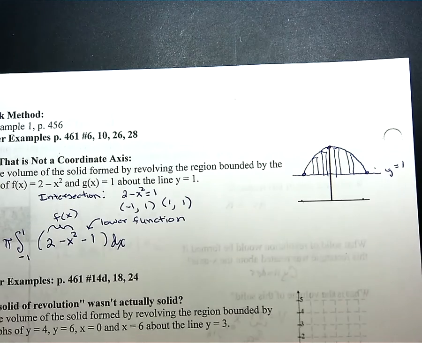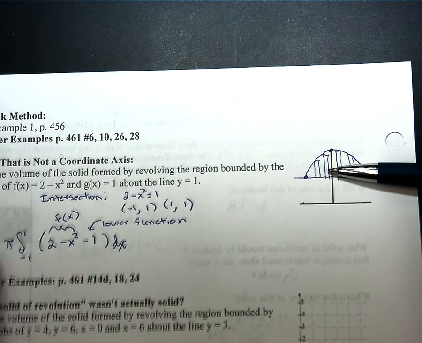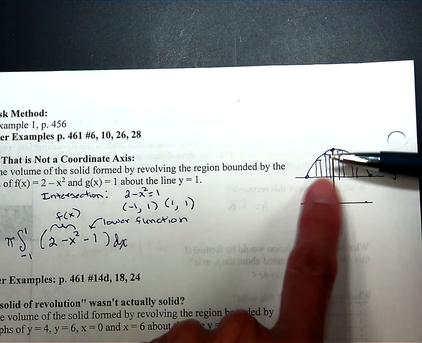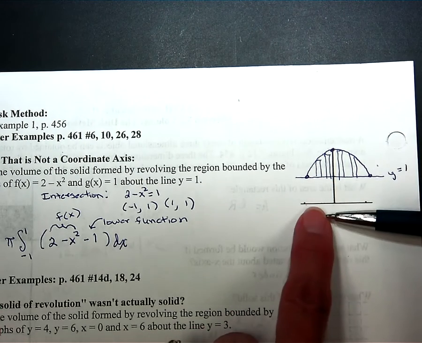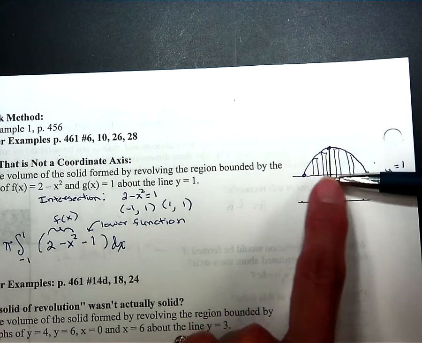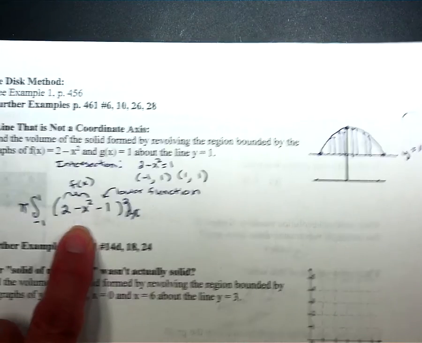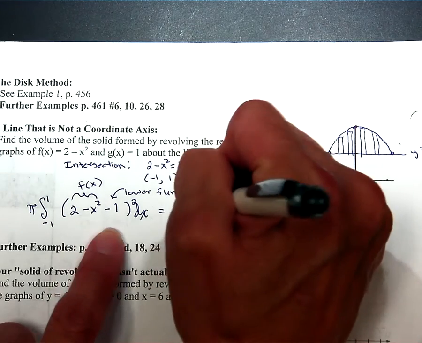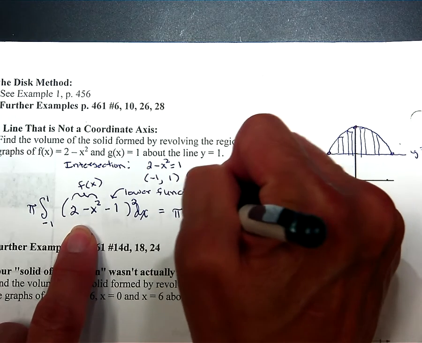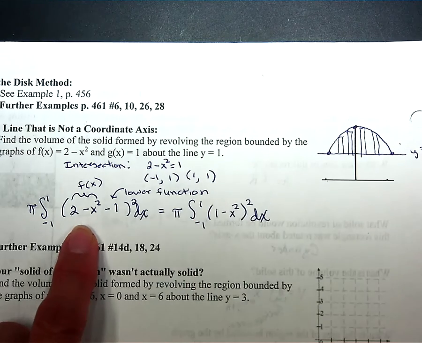Volume is area times length, and the area is pi r squared, and the radius here is not the whole 2 minus x squared all the way down to 0, it's 2 minus x squared all the way down to 1, squared. So I could write that as pi times the integral from -1 to 1 of (1 minus x squared) squared dx.